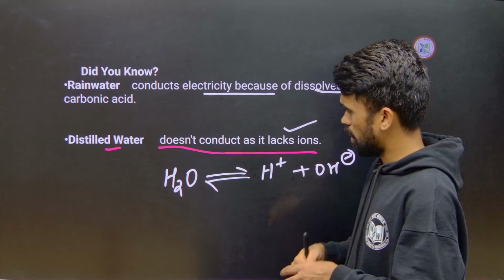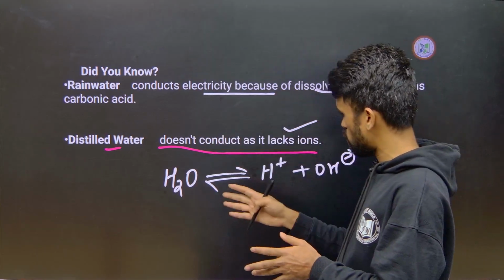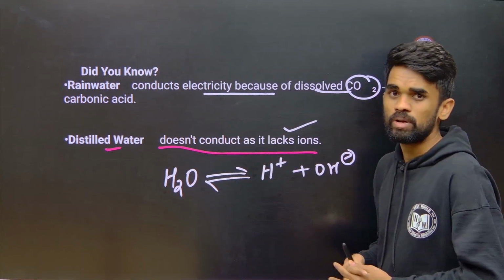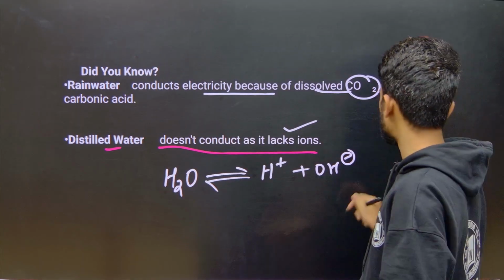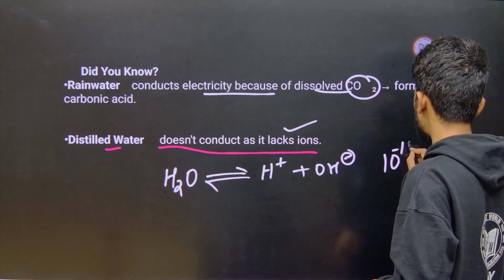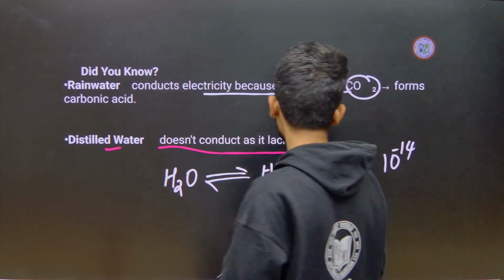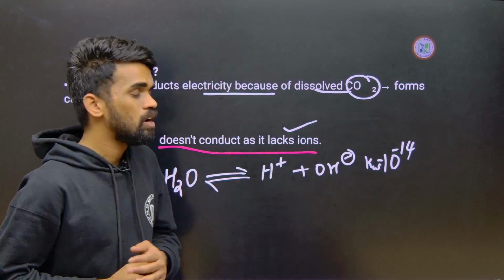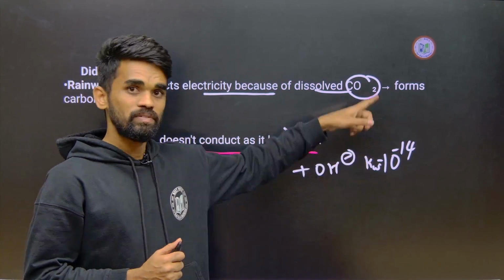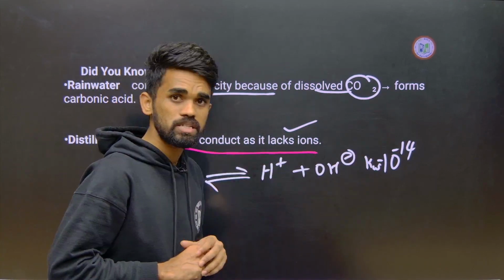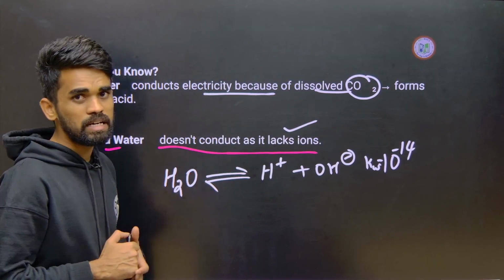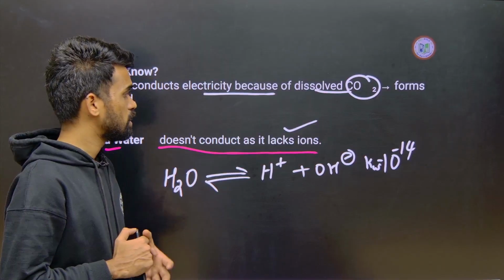In distilled water the dissociation is very weak. At 25 degrees Celsius the ionic product of water is 10 power minus 14. We will discuss in the upcoming sessions how the pH scale is obtained from this. Since it has very low dissociation, it does not conduct electricity due to the lack of ions.